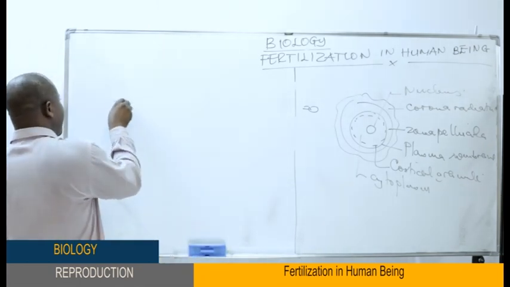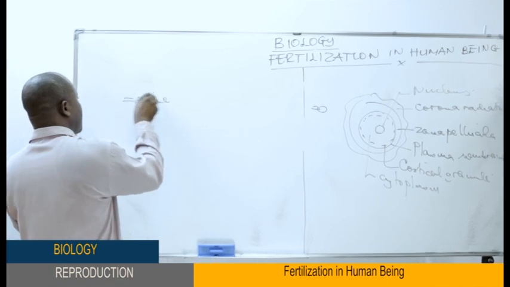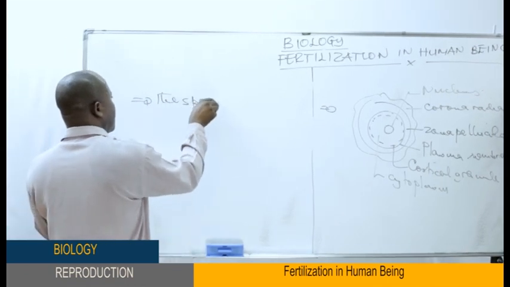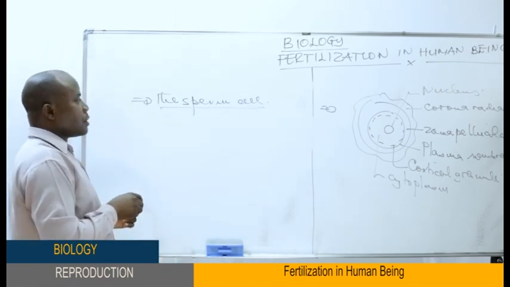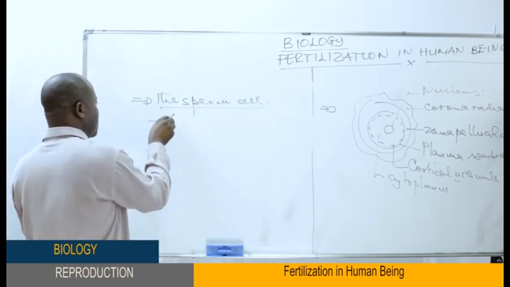Male reproductive cell, the sperm. The sperm cell consists of acrosome.